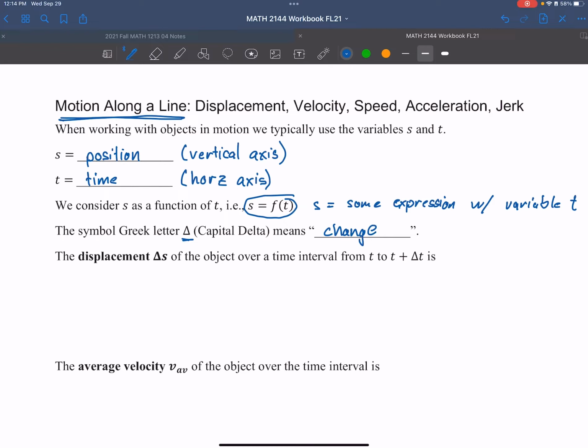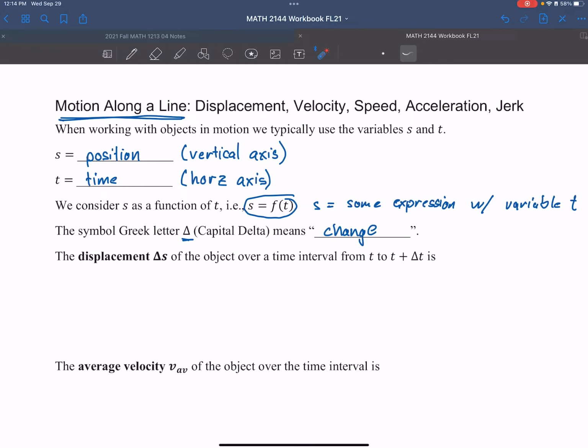So when we're looking at the displacement, we're just looking at the change of the position. For example, if I were to take my water bottle and it was initially set here at time equal to 0, and then over the course of 3 seconds it ended up over there, the displacement is just the distance between those two locations.